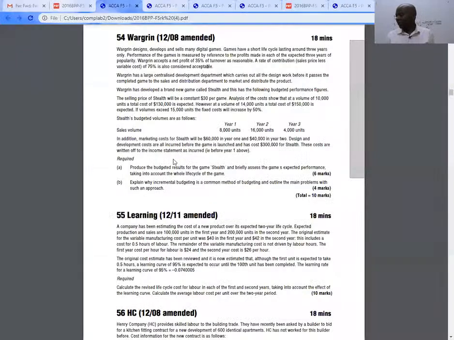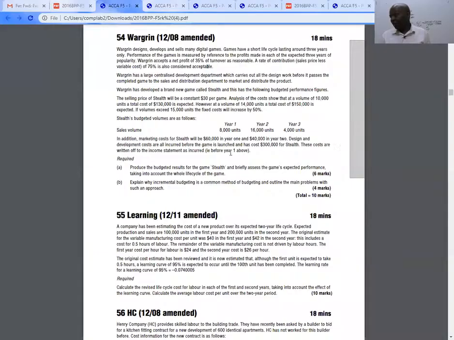So you see, they have given us the budgeted volumes as follows. In addition, we have marketing costs for Stealth will be 60,000 in year 1 and 40,000 in year 2. Design and development costs are all incurred before the game is launched and cost 300,000 for Stealth.